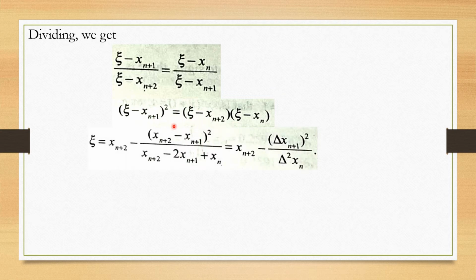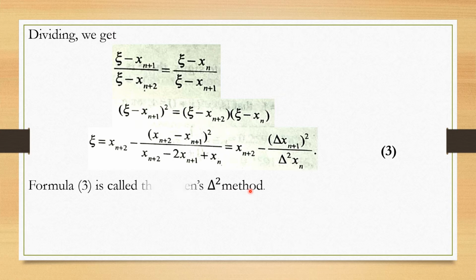From here we deduce xi in terms of various iterations. This is known as Aitken's formula, and this approach converges more rapidly than the fixed point method.